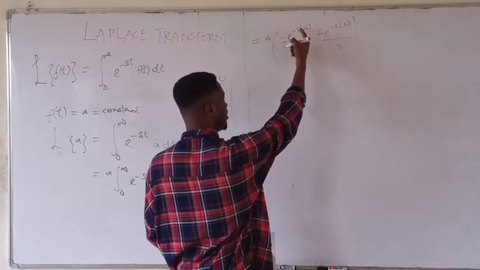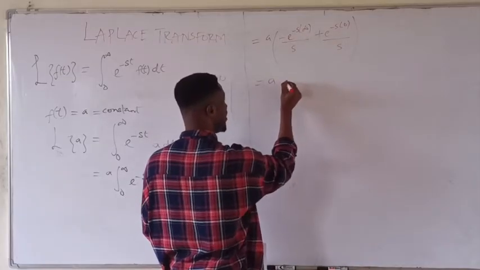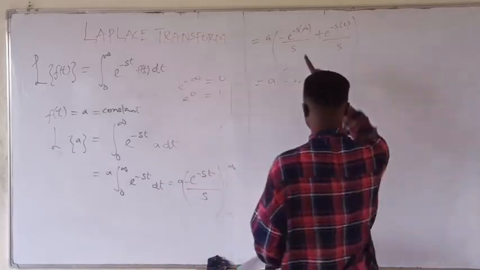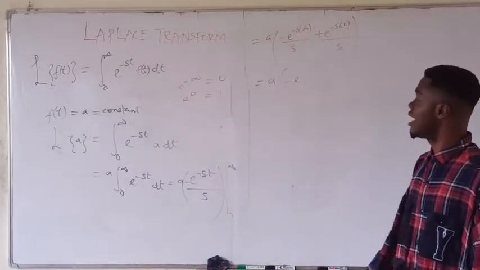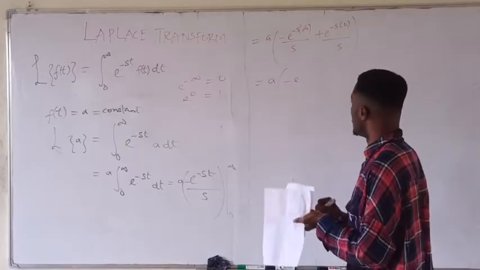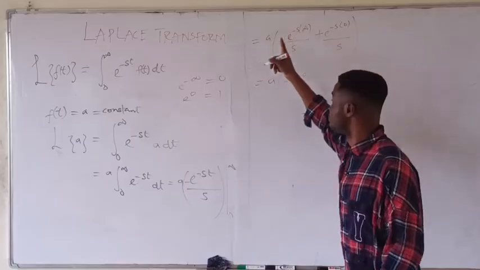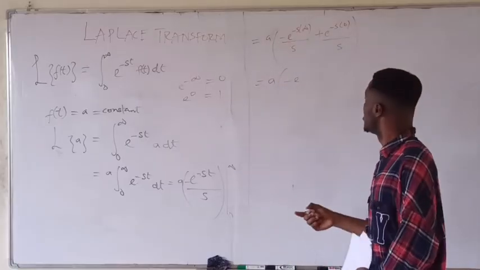That is to tell you that this is now equal to a into minus exponential of, if s multiplies infinity, you are going to have infinity. And of course, there's a negative outside this function.